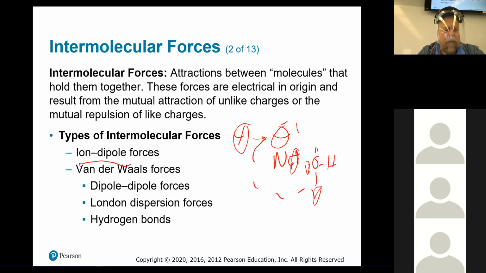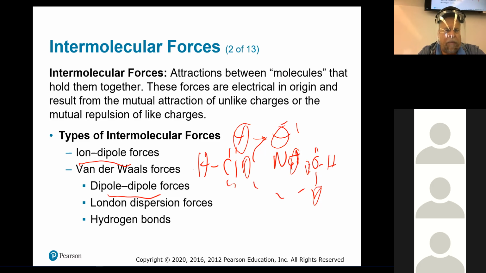The van der Waals forces, dipole-dipole forces, would include something like HCl. Now, which side is going to be the negative part? The chlorine.